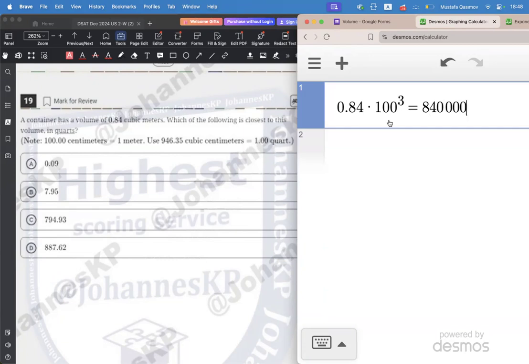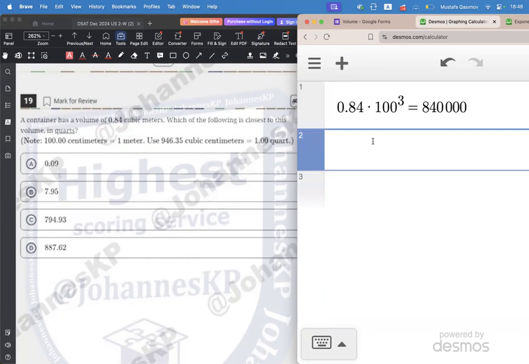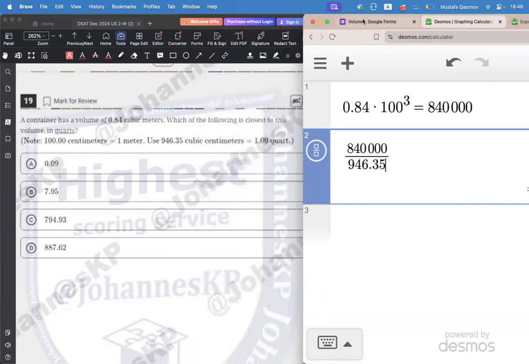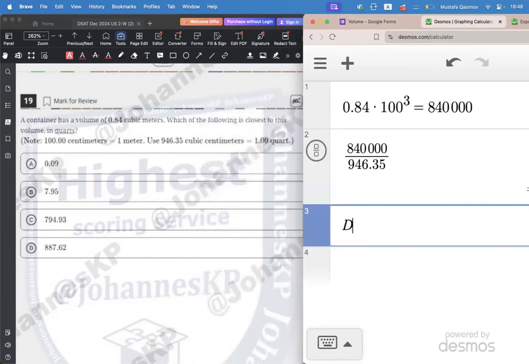Then we must convert it to quarts. We have to divide it by 946.35. Then the answer will be 887. D. Is it clear for everyone?